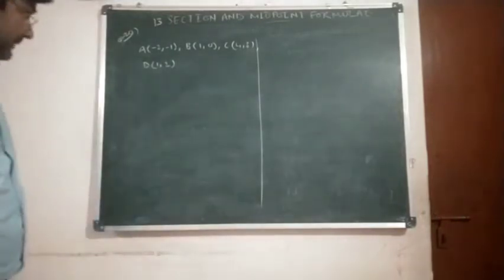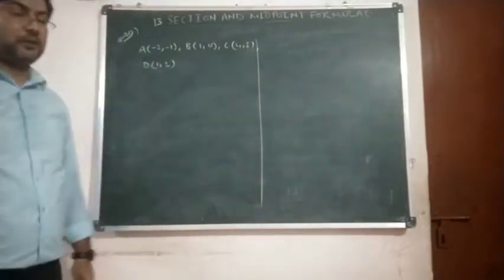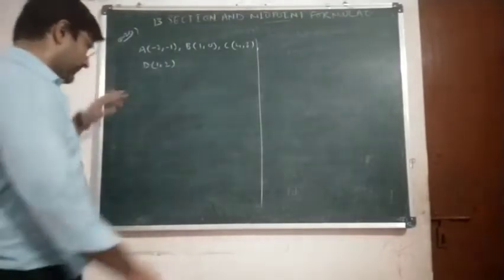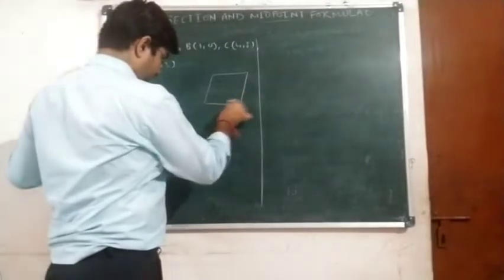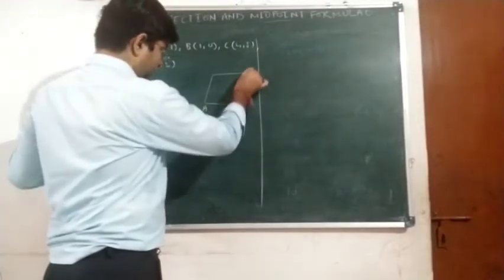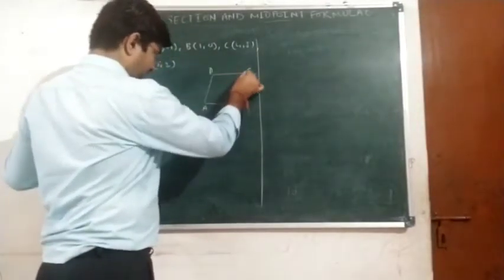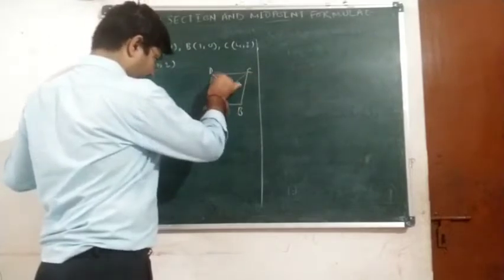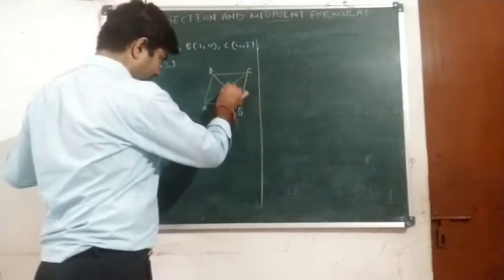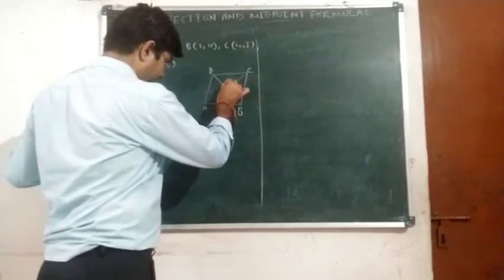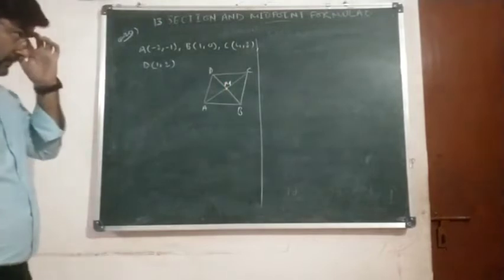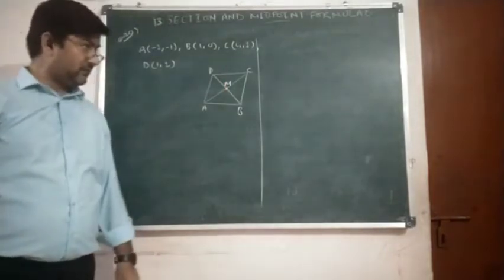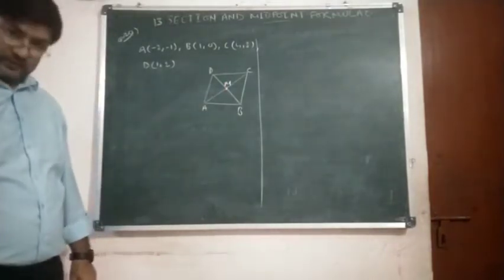Okay, if ABCD are the vertices of a parallelogram, in that case we have to remember the properties of a parallelogram. Let us recall the properties. We know that in a parallelogram the diagonals bisect each other. In other words, the midpoint of diagonal AC will be equal to the midpoint of diagonal BD.